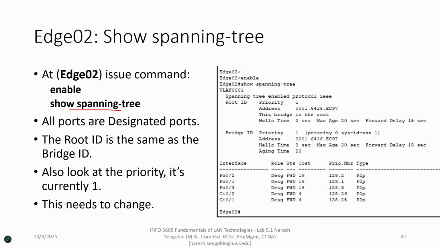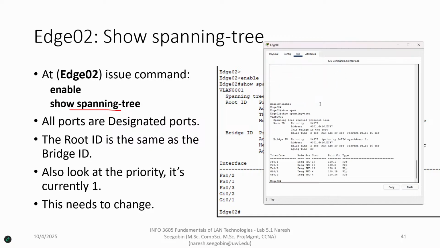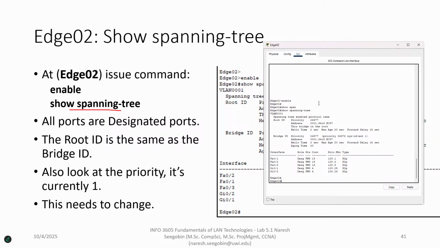Right? As you can see, all ports are designated ports. That's one indicator of a root. But of course, it's just outright telling you this bridge is the root. And then you check the ID, and you can see the 24005, and then the MAC address is the same.